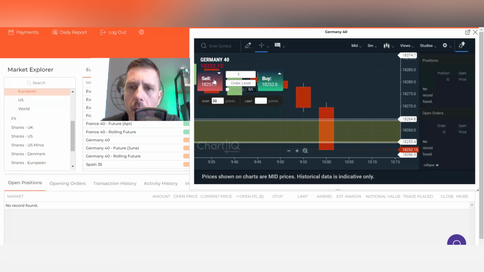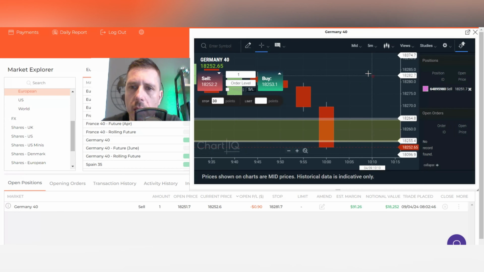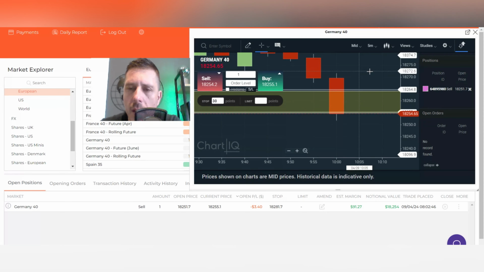Right, I'm going to go with a short position, guys. Remember, we have a 30 point stop loss, and this is our daily low pre-market. Let's see if we can take a further dip.